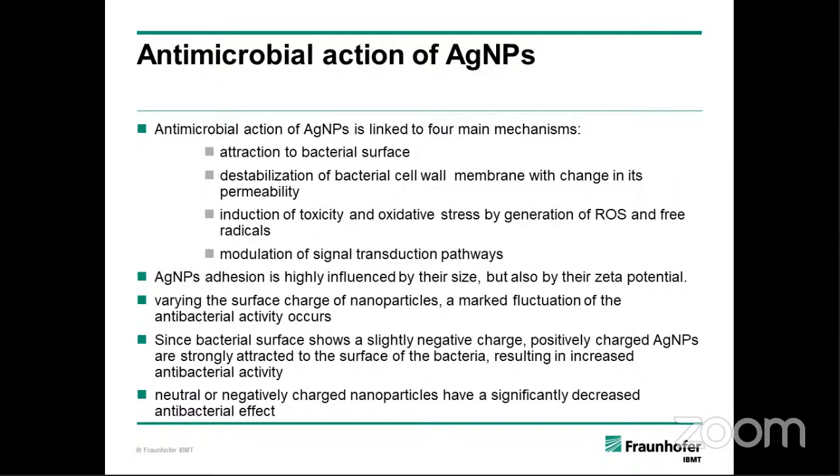They induce toxicity and oxidative stress by the generation of reactive oxygen species, and the modulation of signal transduction such as the electron transport chain. So these four strategies are applied by the silver nanoparticles against the pathogens.